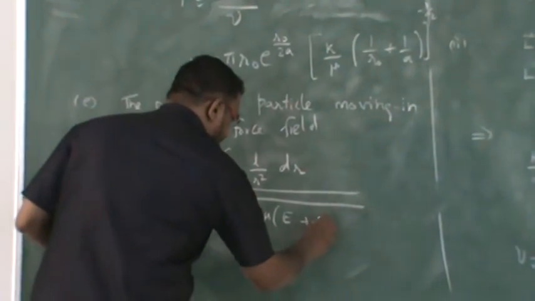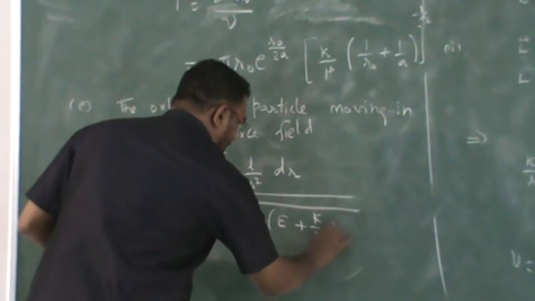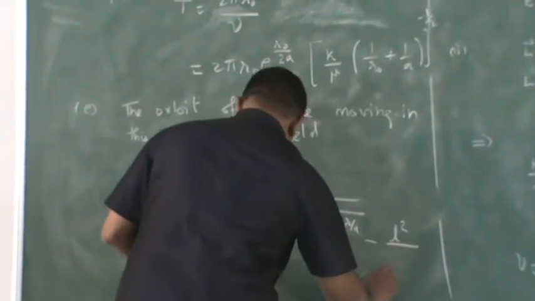Therefore minus into minus plus k by r e^(-r/a), minus the centrifugal term.